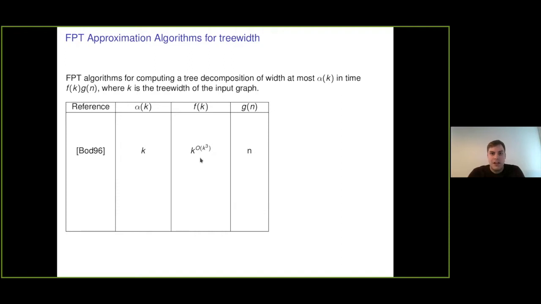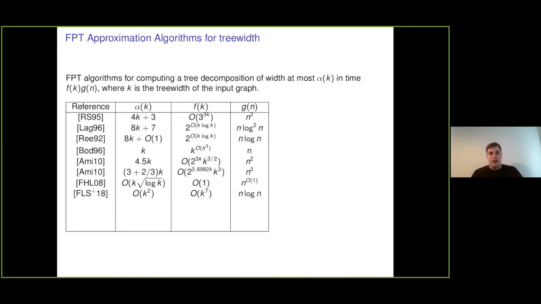But the dependency on the tree width k is quite large, exponential in the cube of k. And if we ask for algorithms whose running time is completely polynomial, can we obtain a constant factor approximation? No constant factor approximation algorithm that's polynomial time is known. Basically the best approximation ratio in polynomial time is square root of log k.